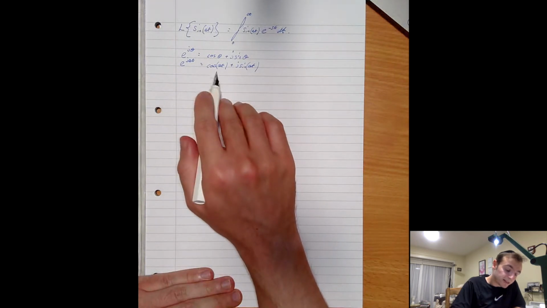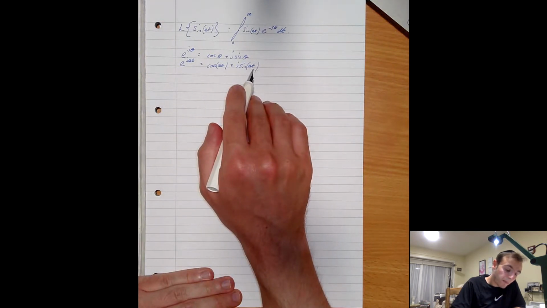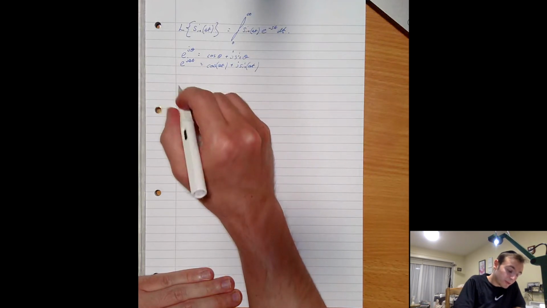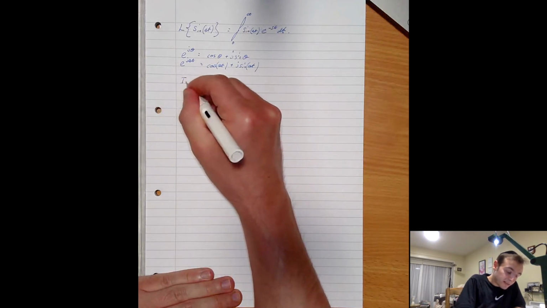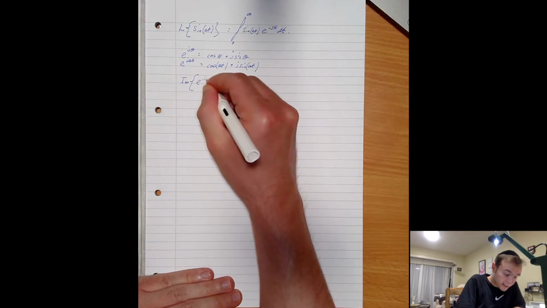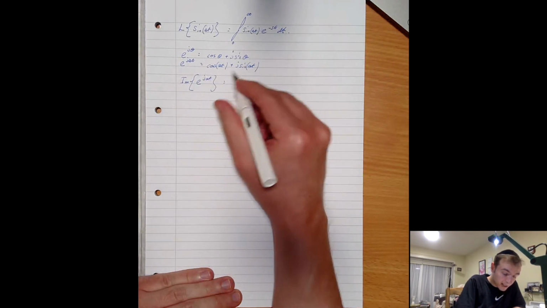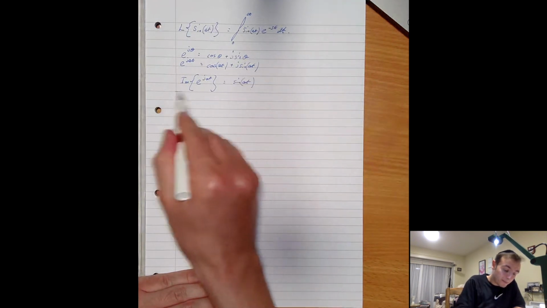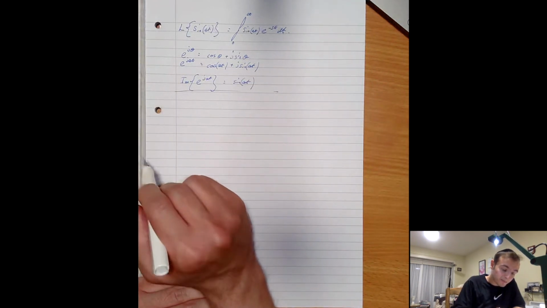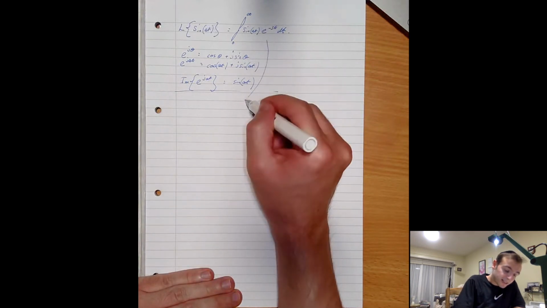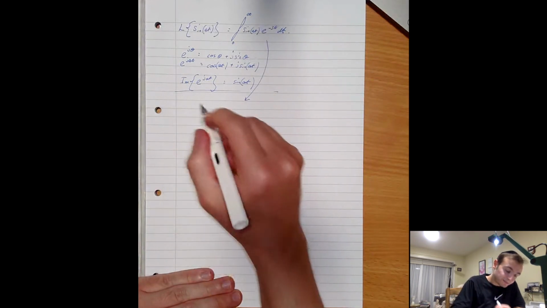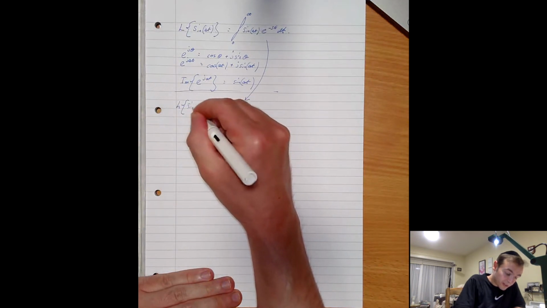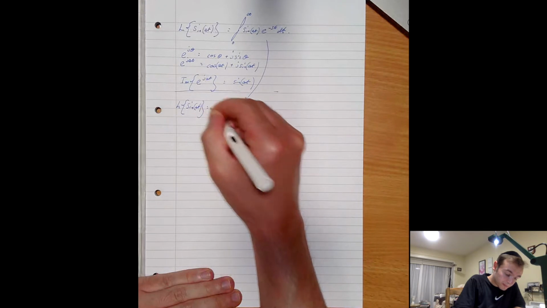Now how does that help? Remember, we want to get sine at. We can say that the imaginary part of e to the j at equals sine at. Bingo! Now the rest should be easy, because we can make the substitution. Thank you, Euler.